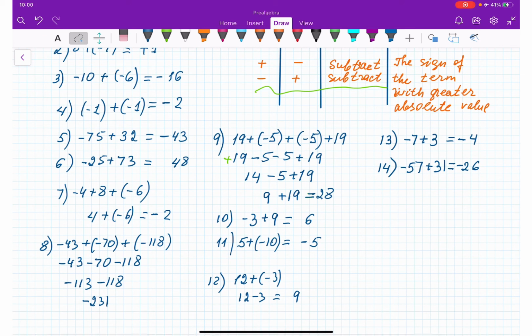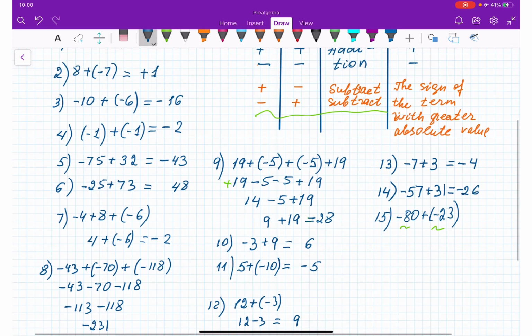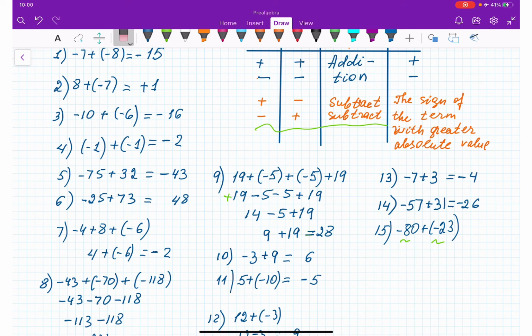15. Question number 15. Negative 80 plus negative 23. So we have negative and negative signs, right? So what we're going to do, negative and negative, we are going to add, right?